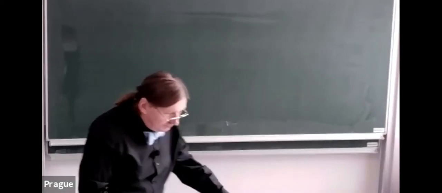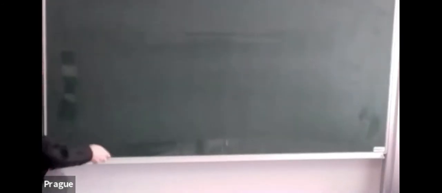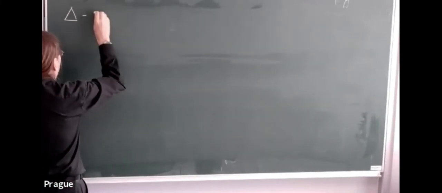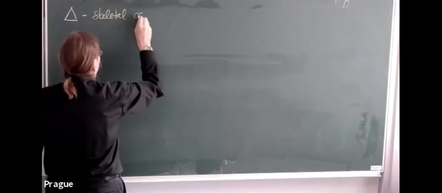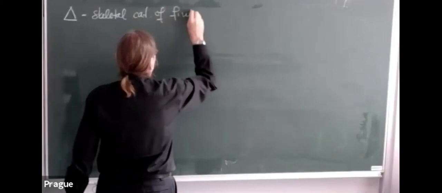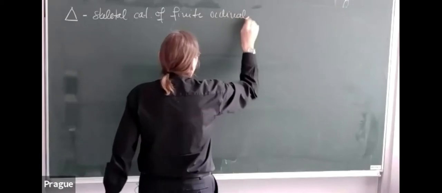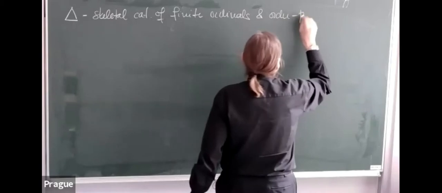Okay, so the first example of an operatic category is the category Delta, which is a skeletal category of finite ordinals and order preserving maps.